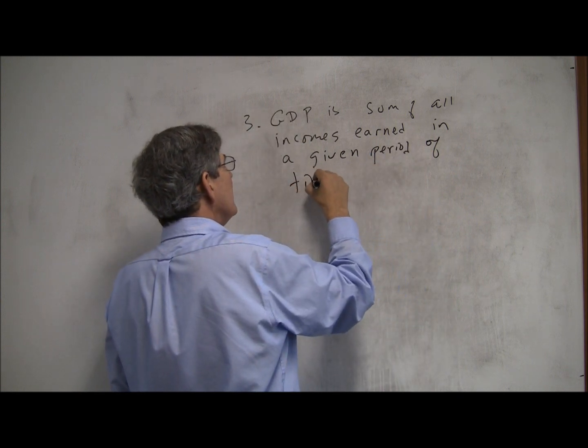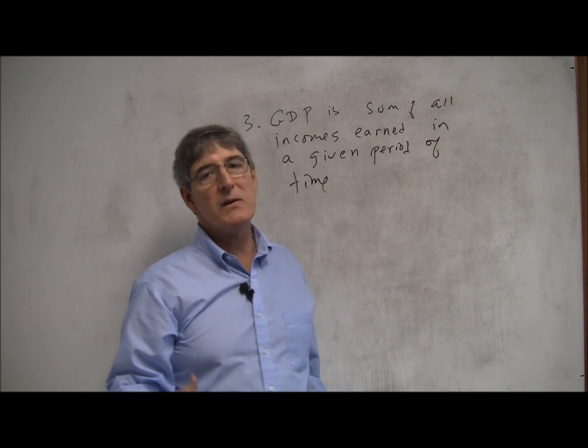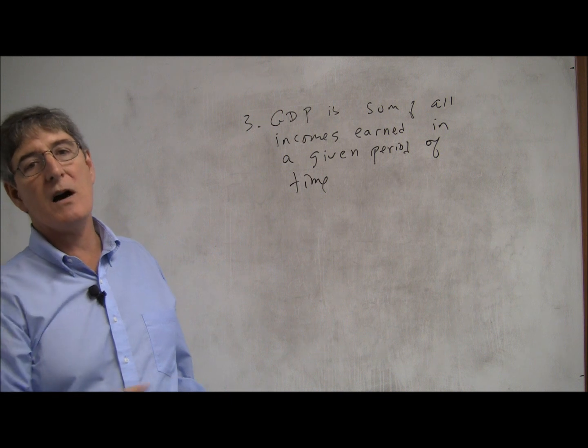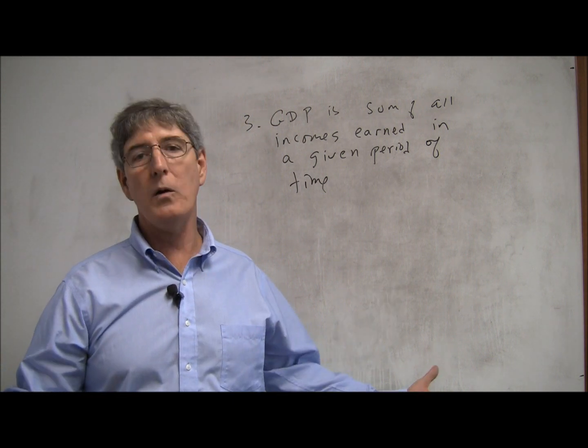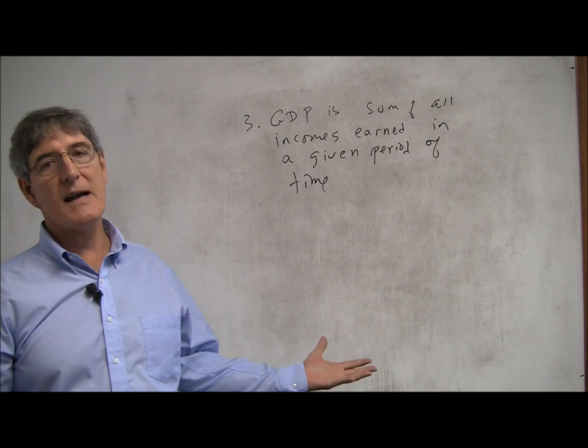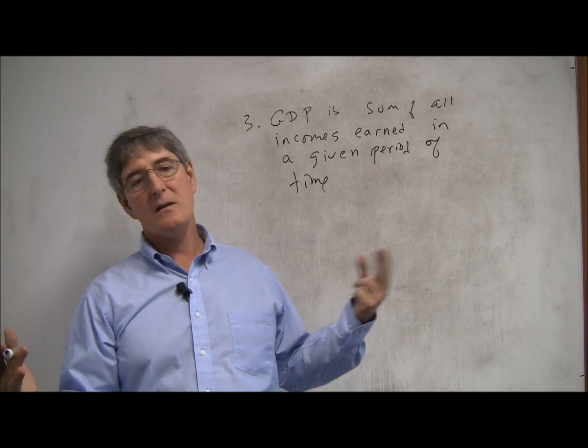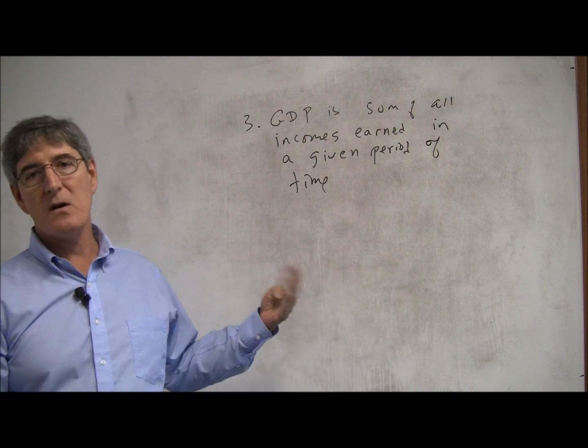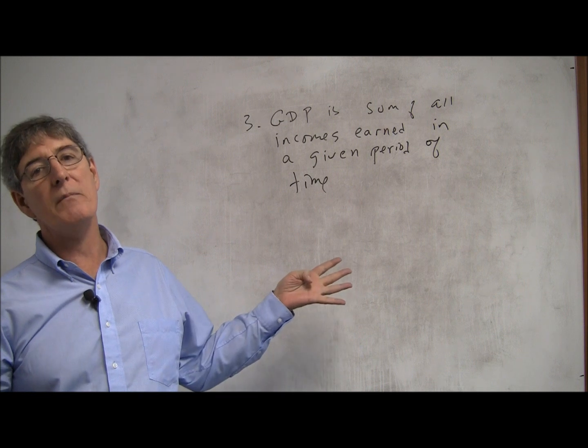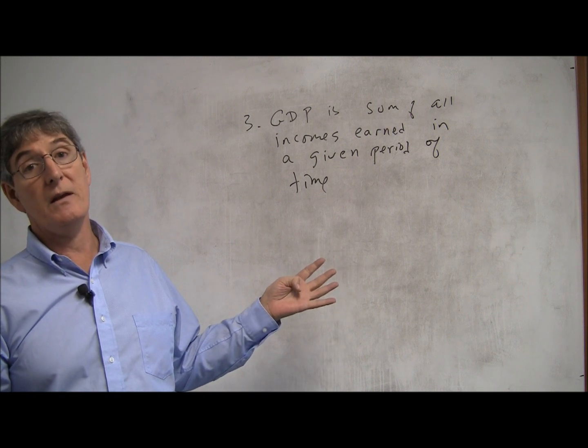So if we add up all the wages, interest, profits, and other income across the entire economy for a whole year, here's the total wages, total interest, total profits, total rents. Add those all up, that should equal GDP.